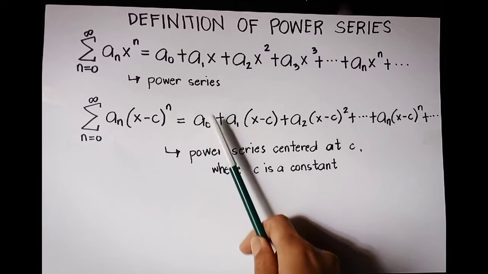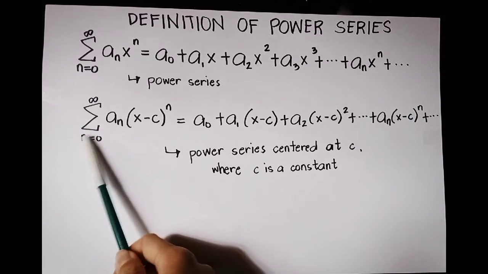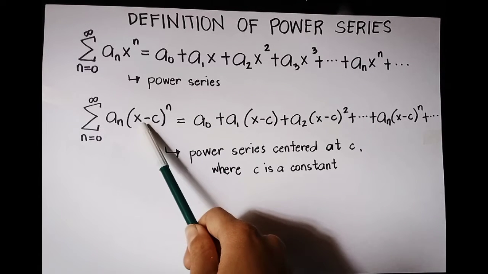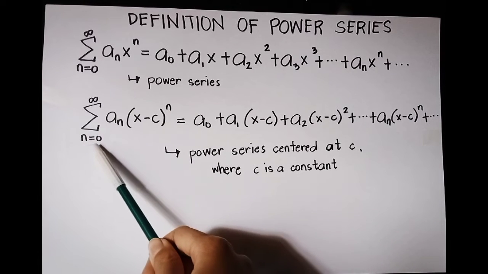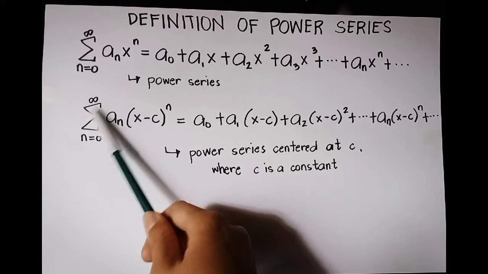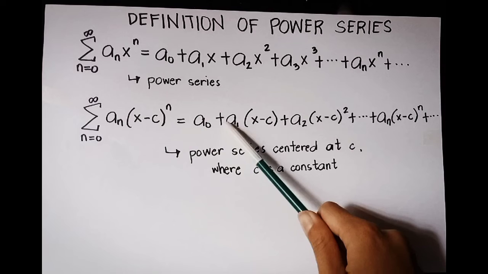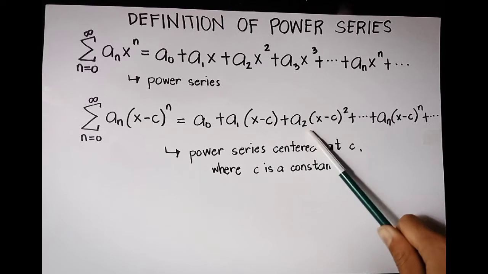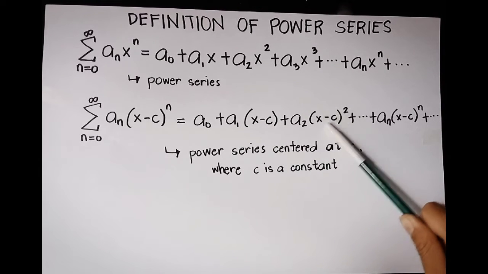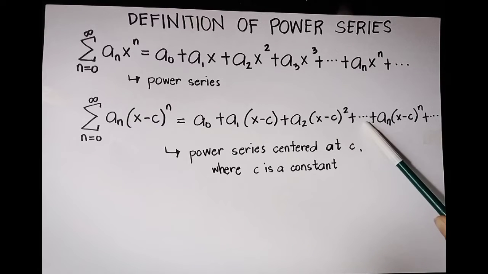However, an infinite series of the form summation of a_n times the quantity (x minus c) raised to n as n equals 0 goes to infinity equals a_0 plus a_1 times (x minus c) plus a_2 times (x minus c) squared plus and so on to a_n times (x minus c)^n.